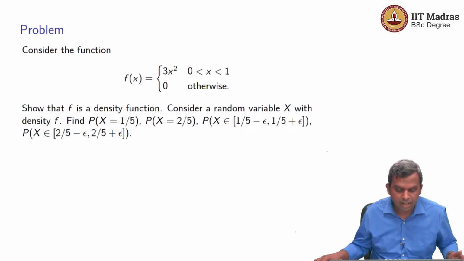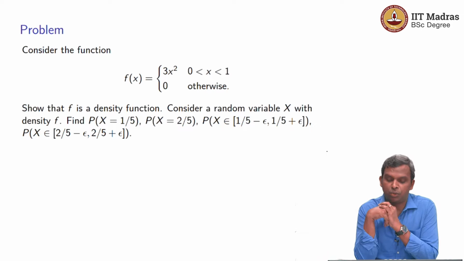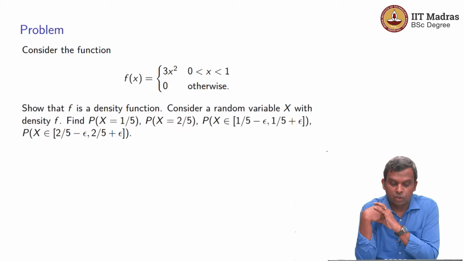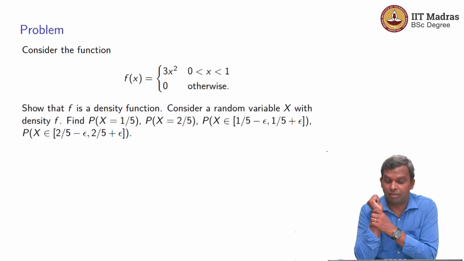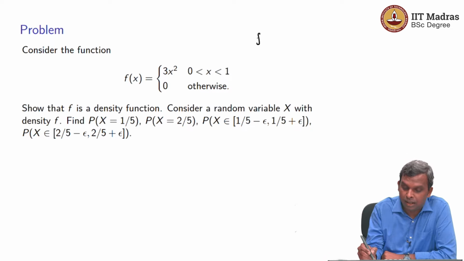So here is the function for you. This function is 3 times x squared between 0 and 1, and it is 0 otherwise. First thing is you have to show f is a valid density function. So what are the valid density function conditions? f of x is greater than or equal to 0. That is true.